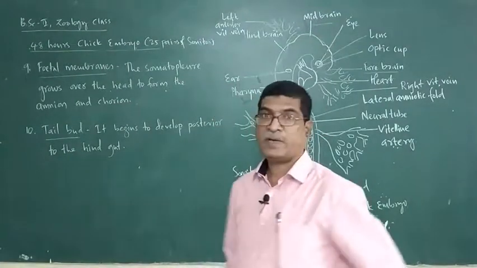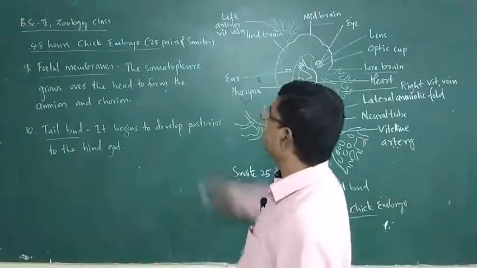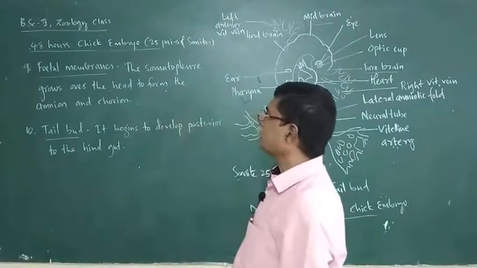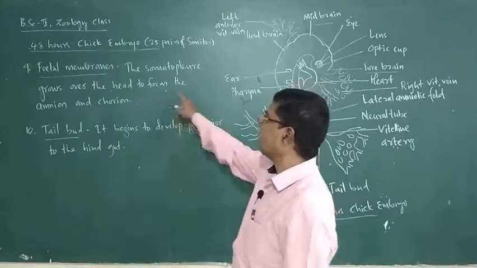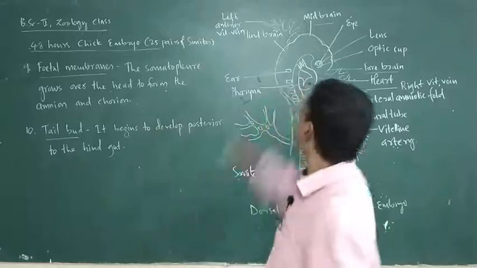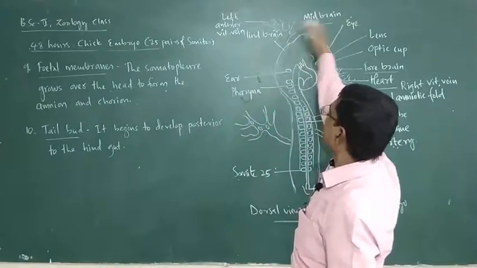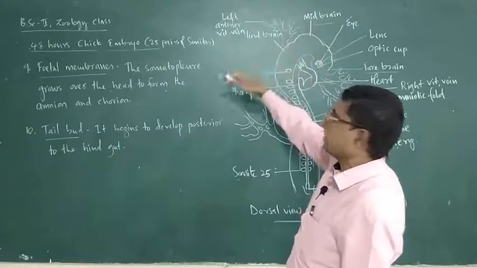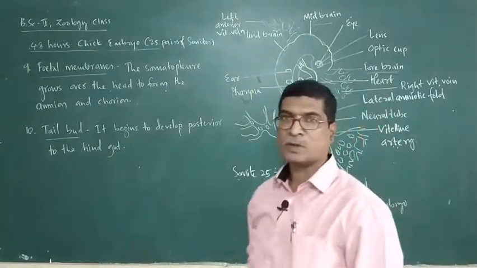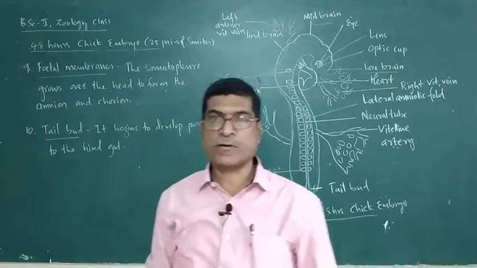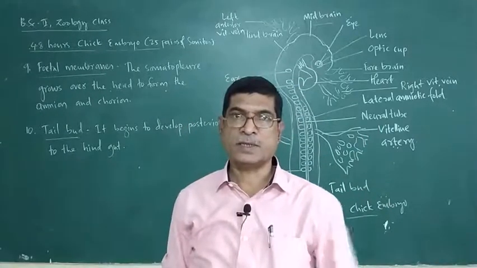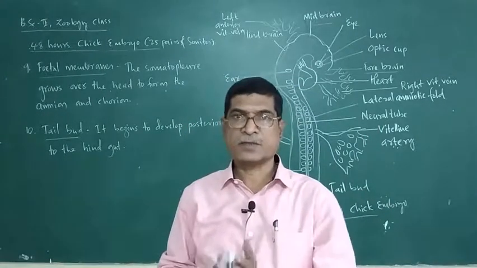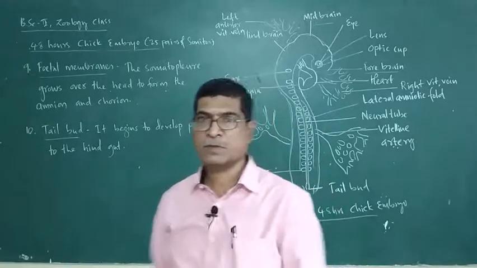Fetal membranes, development of fetal membranes. The somatopleure grows over the head to form the amnion and chorion. Here, over the head, it forms somatopleure, splanchnopleure, somatopleure. These are nothing but the layers of mesoderm.